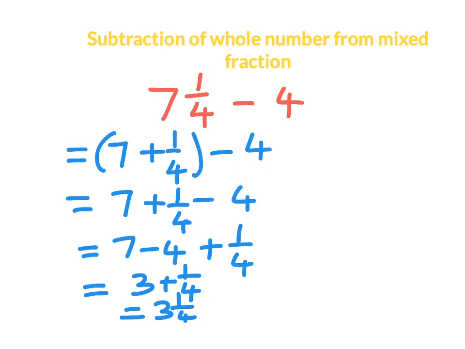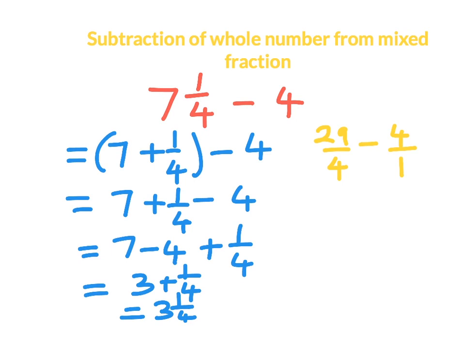The other way is to use the improper fraction method, where you convert the mixed fraction into an improper fraction. So 4 times 7 is going to give us 28. So 28 plus 1 is going to be 29. So 7 1/4 is going to be 29/4 minus 4/1. So we want to convert these two fractions to be like fractions.